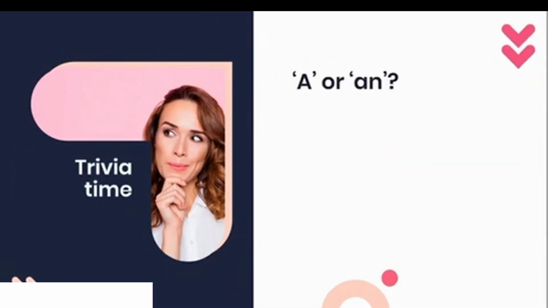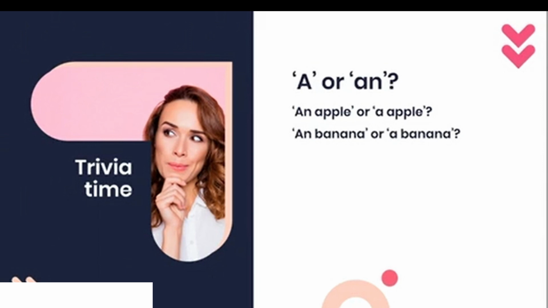It's trivia time again. A and an are both indefinite articles. Do you know when to use a and when to use an? Is it an apple or a apple? Is it an banana or a banana? Well, remember vowels and consonants from lesson 2?